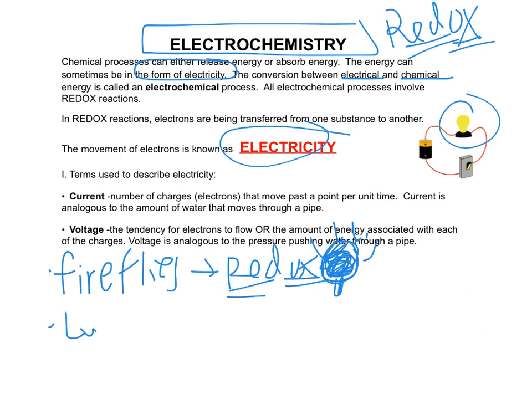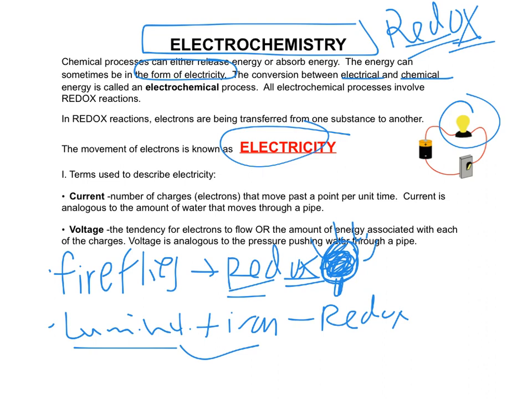And another one is on a crime scene, they use a substance called luminol, and when luminol reacts with iron, it's a redox reaction that produces a glow. This is my awesome light bulb over here. And so how does that relate to a crime scene? Well, there is iron in our blood.